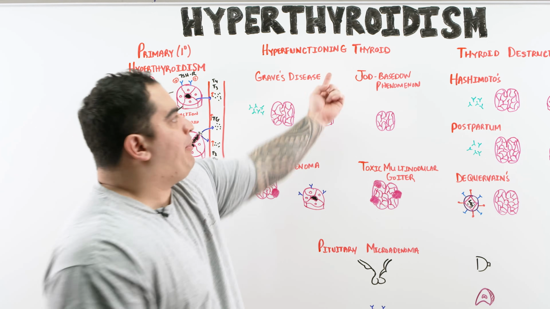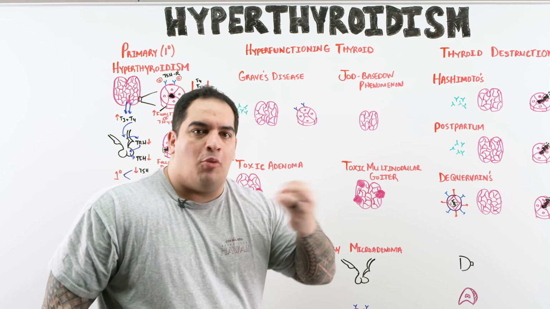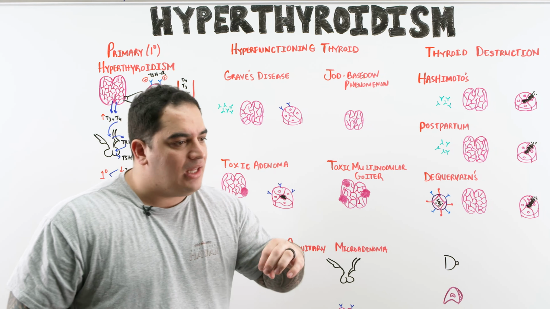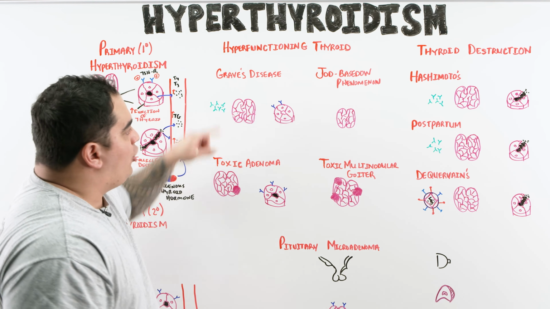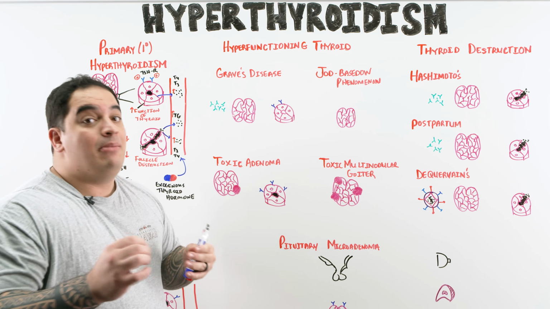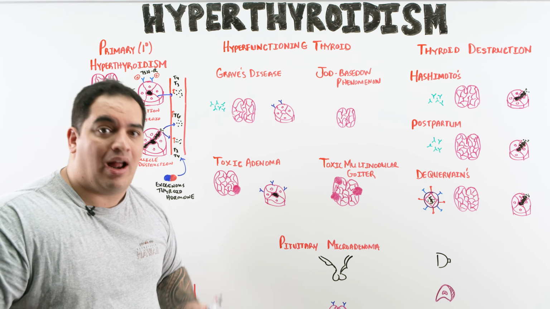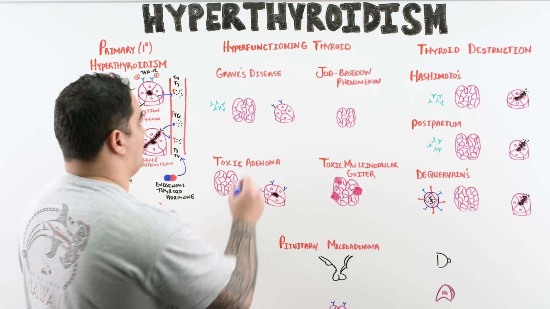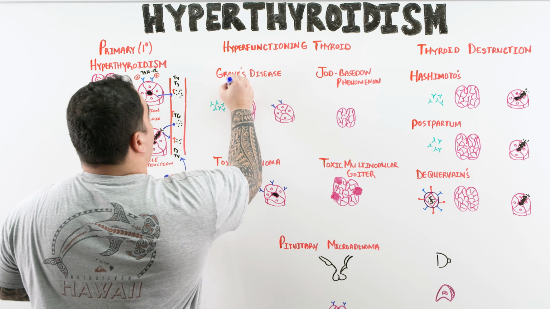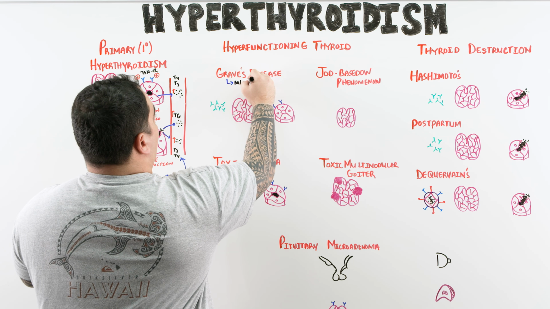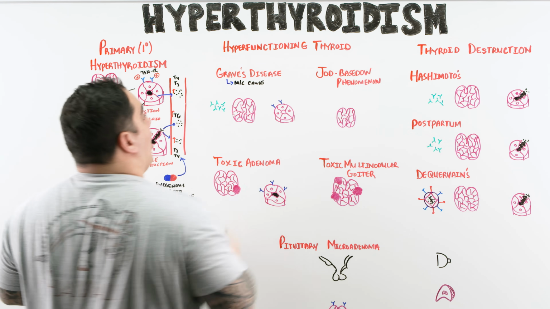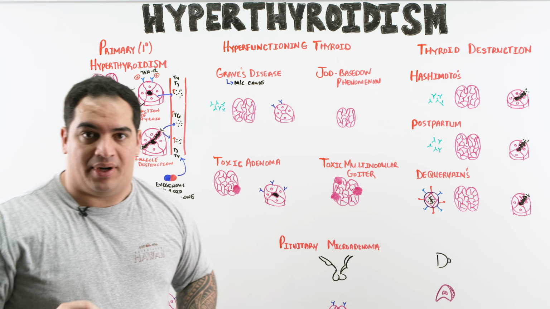First thing, hyperfunctioning thyroid. We said something is going on with the TSH receptors. They're either being stimulated or they're hyperactive for some reason. Why would they be? In Graves' disease, which is one of the most common causes of primary hyperthyroidism, I really want you guys to remember that. This is by far going to be the most common cause of primary hyperthyroidism.